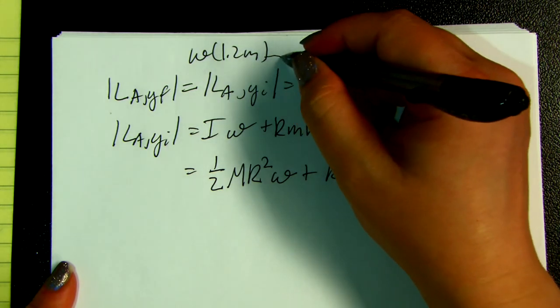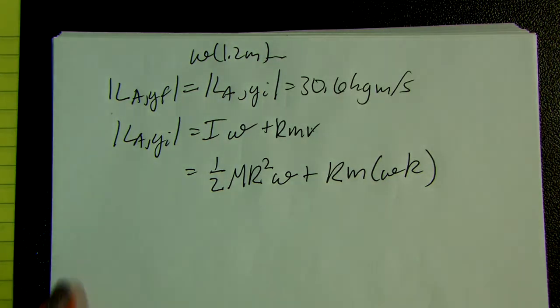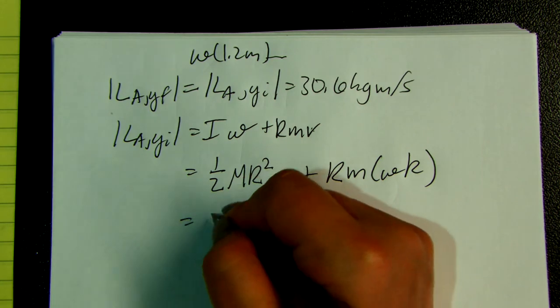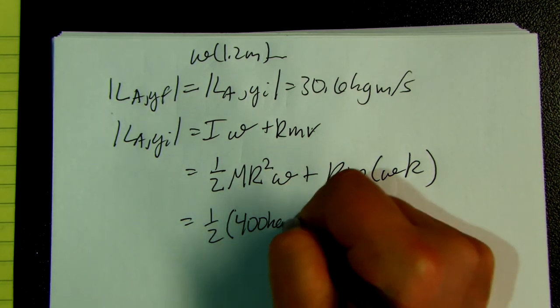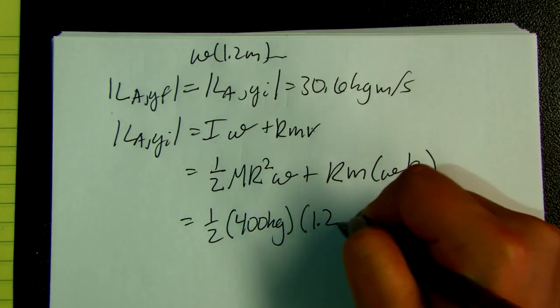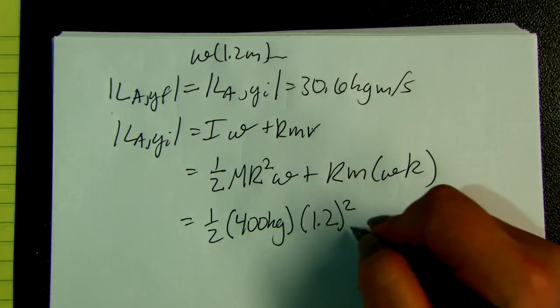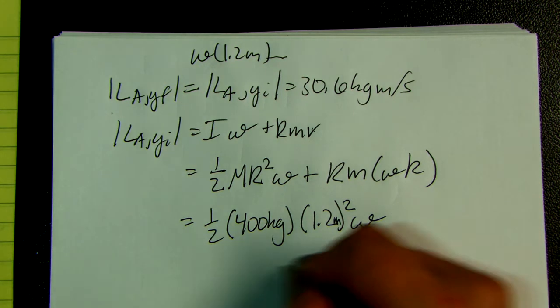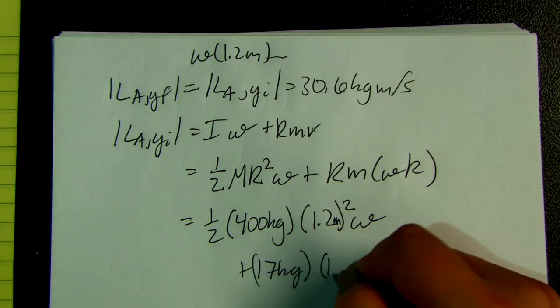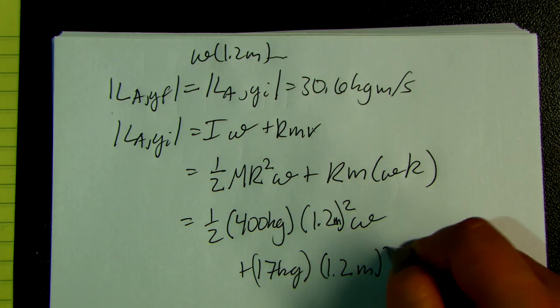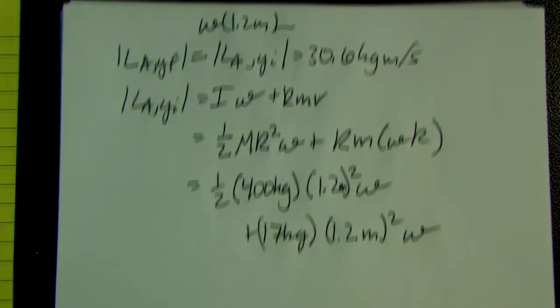Plugging this in here. This is equal to 1/2 the mass of the merry-go-round, 400 kilograms, times 1.2 squared meters for the radius, times omega, plus 17 kilograms times 1.2 meters quantity squared times omega.